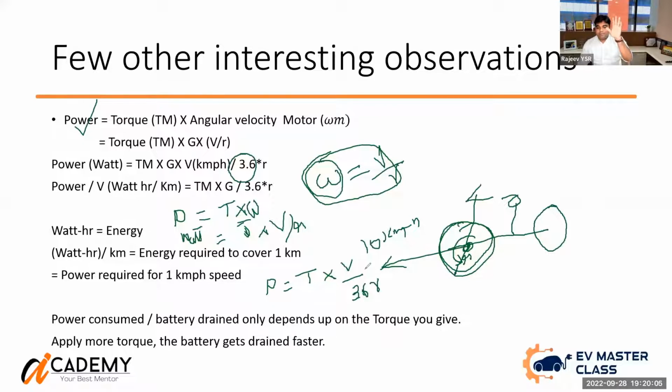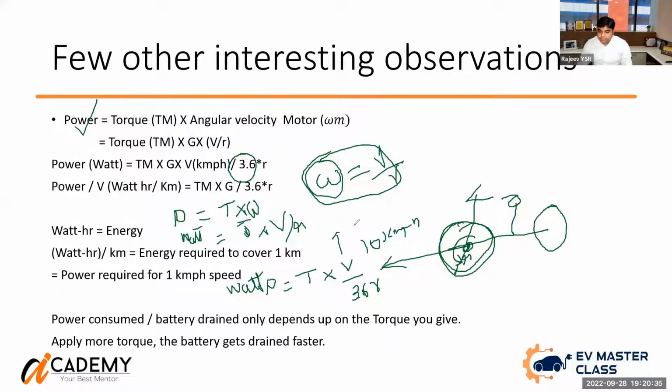Are you here with me until now? Yes or no, guys? Are you following me? This basically is V equals R omega. We converted that omega into V by R. Now understand this very clearly. This power, what is the unit of power? Watt. This power is in watt. And what is the unit of this velocity?